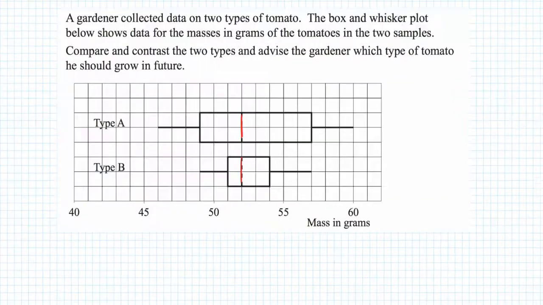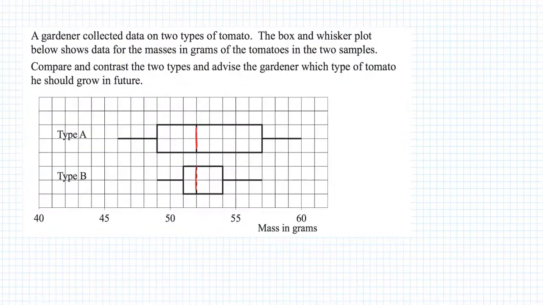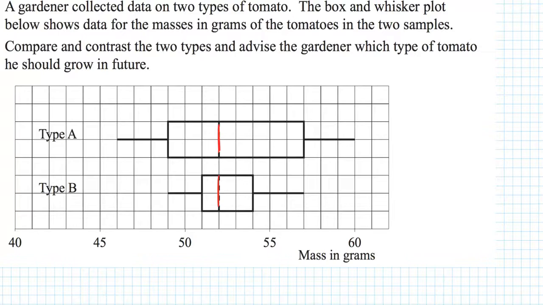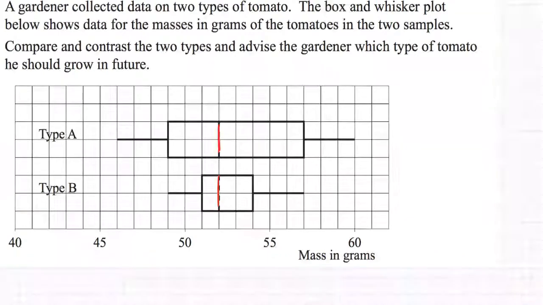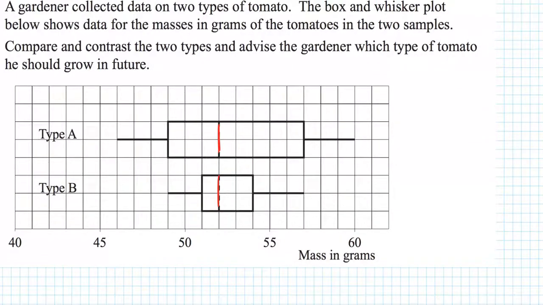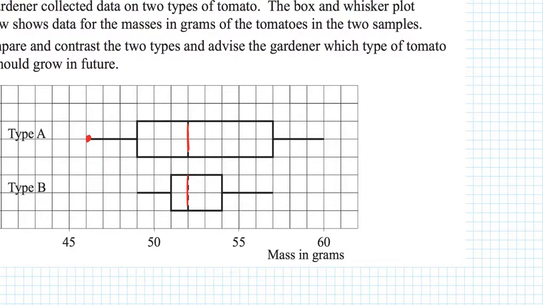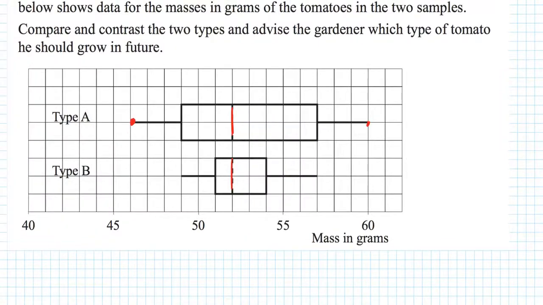However, there are some differences between the data set, because clearly we can see that type A has large spread of data. So they have the very smallest plants down here at 46 grams and the very biggest plants as well at 60 grams. So there's a huge variety in type A, whereas type B is much more consistent.